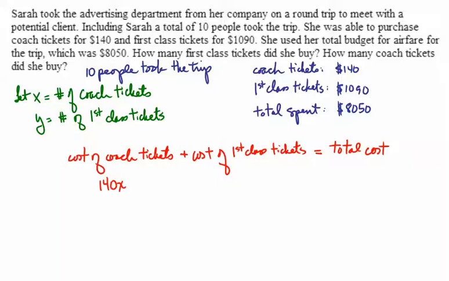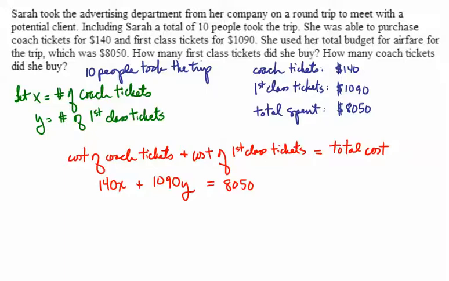And if y represents the number of first class tickets, and if each first class ticket costs $1,090, then the cost of the first class tickets is going to be 1,090 times y. And together they add up to the total cost, which in this case is $8,050.